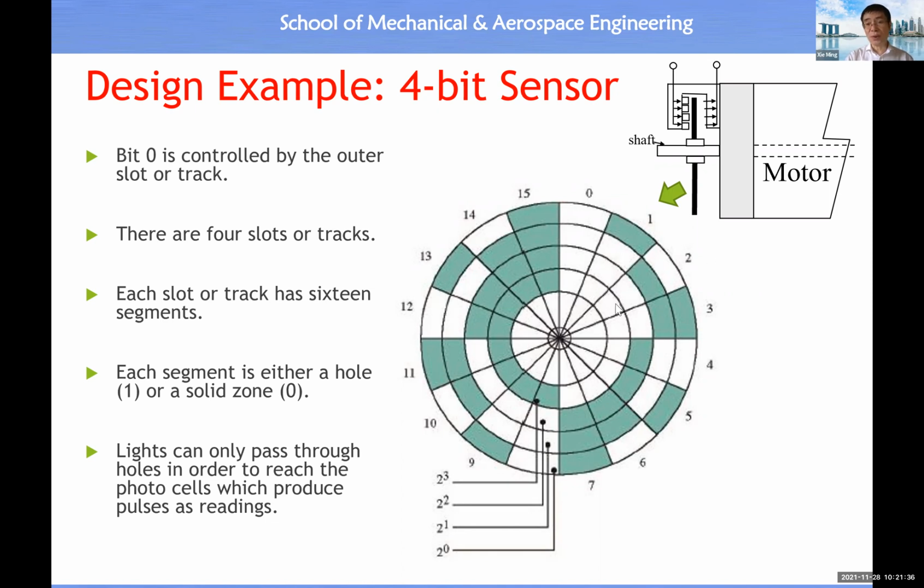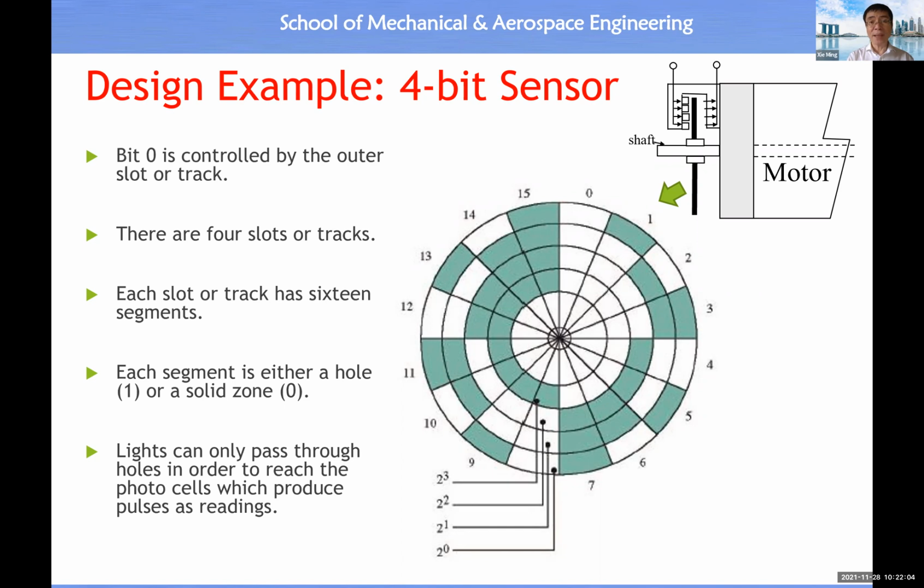For position 2, you will get the digital output 0, 0, 1, 0. For position 3, you will get the digital output 0, 0, 1, 1. Etc. So in total, we should be able to obtain 16 sensor outputs, which indicate 16 distinct angular positions.